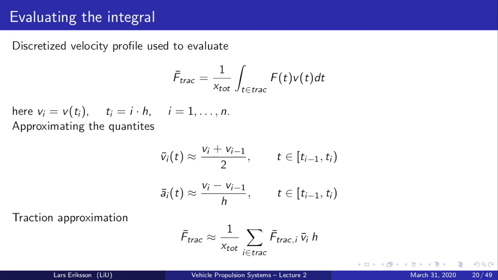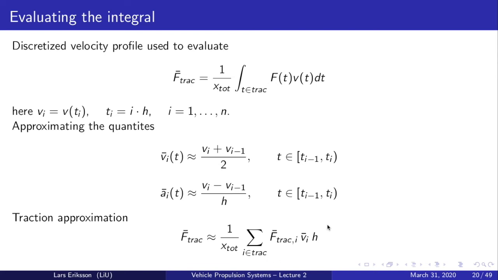And we are also interested in the acceleration because that's what we have as a requirement in the vehicle motion equation. So we have velocity and we have acceleration, and we are approximating them over each interval. And the traction approximation then, when we do this, we are assuming that dt is h, so between each sample we have a time step h, so that this integral with the numerical approximation becomes this sum.